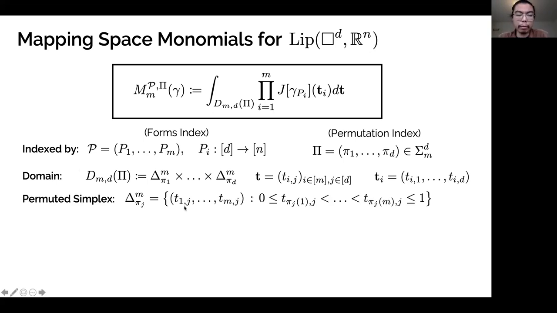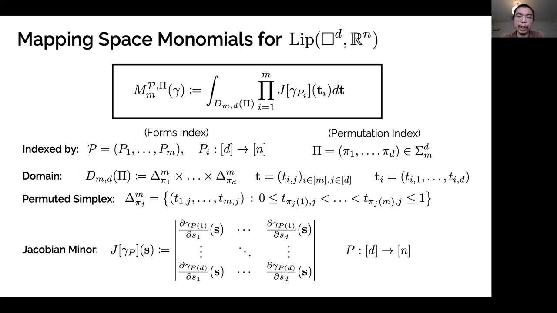These permuted simplices, given some permutation pi from sigma M, are just an ordinary M simplex, except the order of the individual components are permuted.